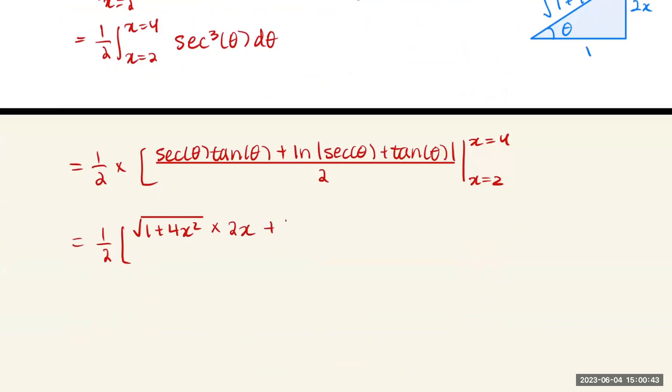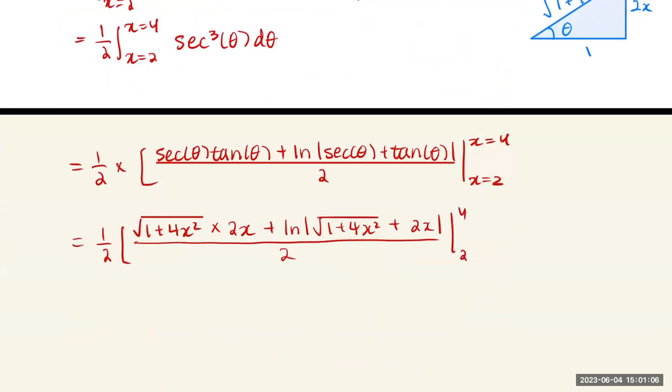And then we have the ln of the secant, which is the square root of 1 plus 4x squared, plus the tan theta, which is just going to be the 2x. And the whole thing is divided by 2. And now we could just evaluate from 2 to 4.